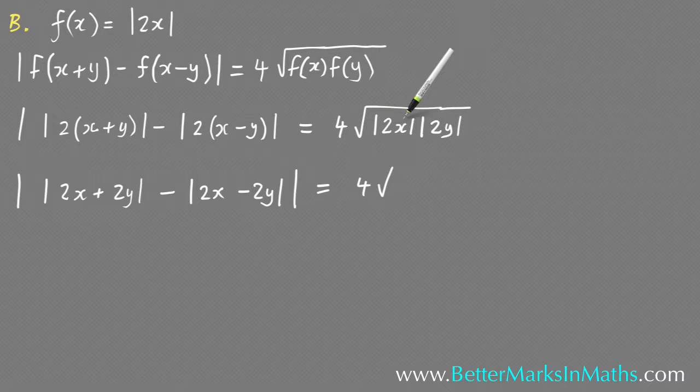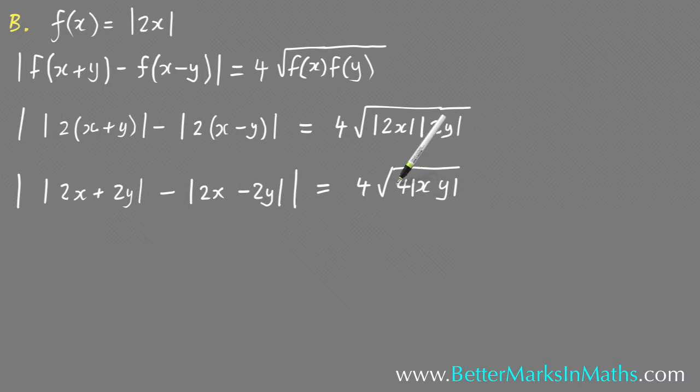So 2 times 2 is 4, and x times y, you can actually do this. So the absolute value of something times the absolute value of something else is the absolute value of the two things multiplied together. So again, that's just making that positive.